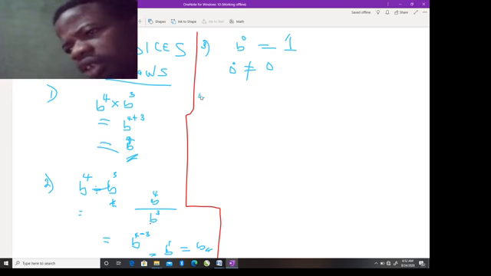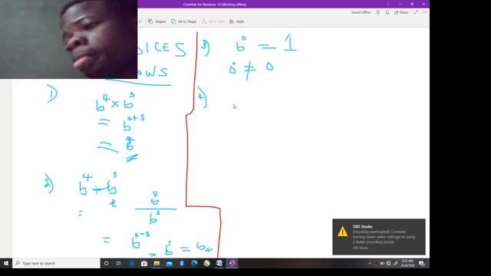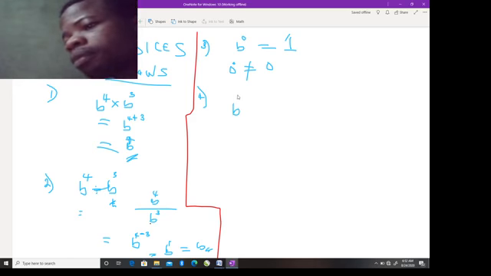Then let's talk about the power rule. If you have the power law or the power rule, what do you have? You have b raised to power 3, then you have another power outside.